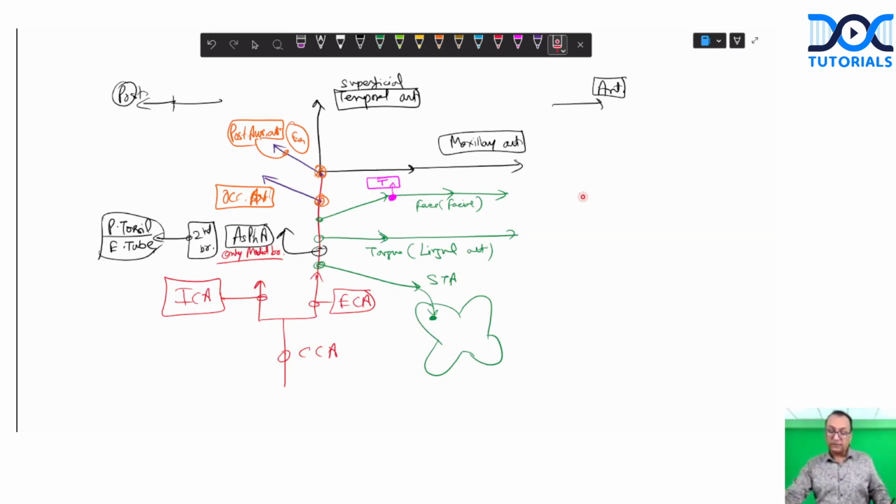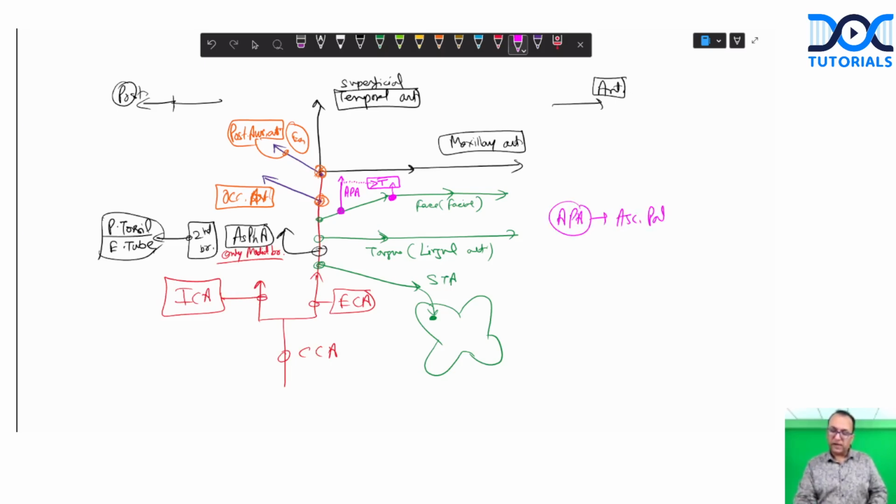So what are the other names? This facial artery gives a branch which is called the ascending palatine artery, and the ascending palatine artery also supplies the tonsil. Let me show it in a dotted line. So what is this APA? Ascending palatine artery.